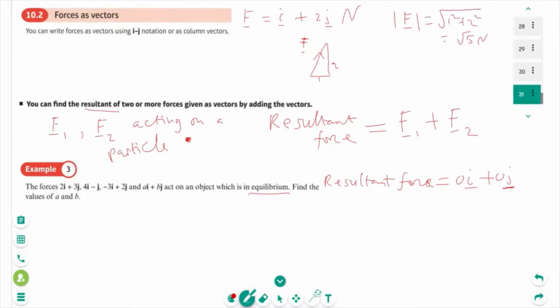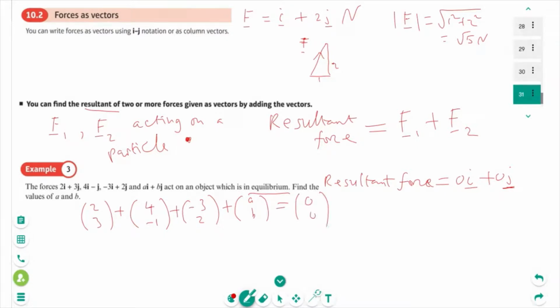I'm going to use column vectors. So (2, 3) plus (4, minus 1) plus (minus 3, 2) plus (a, b) is precisely equal to (0, 0).